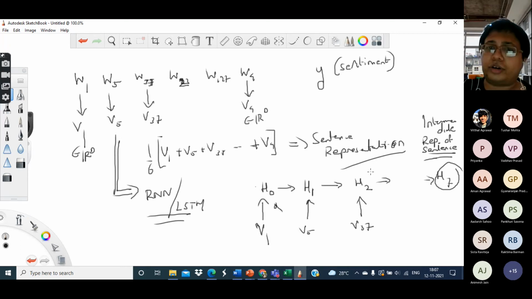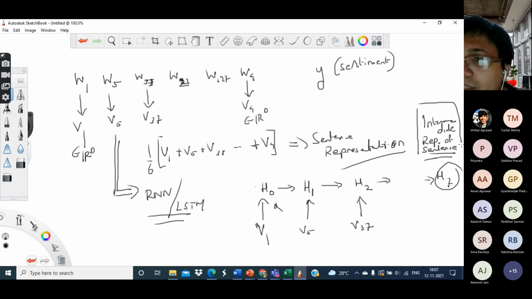That we do not know. It depends on the exact size of your hidden variables, which depends on the architecture of the neural network. Whatever it is, this H7, the hidden layers after feeding the full sentence, represents the intermediate representation of the sentence.